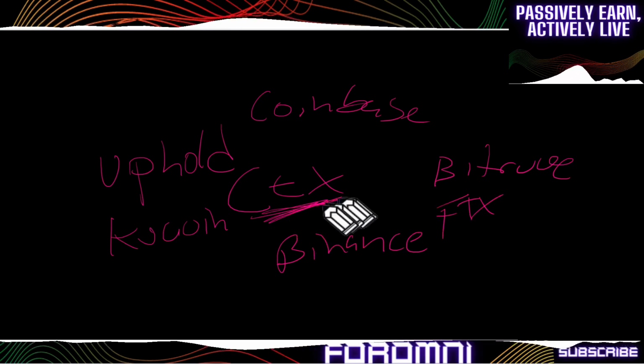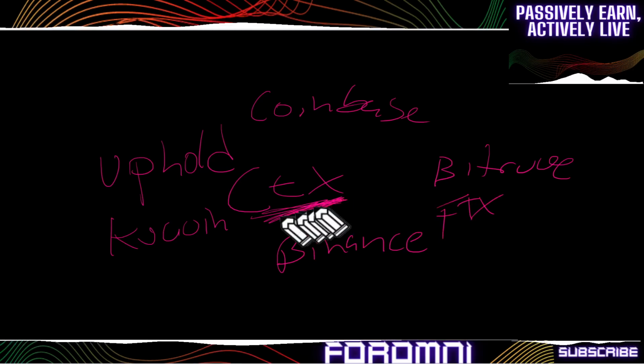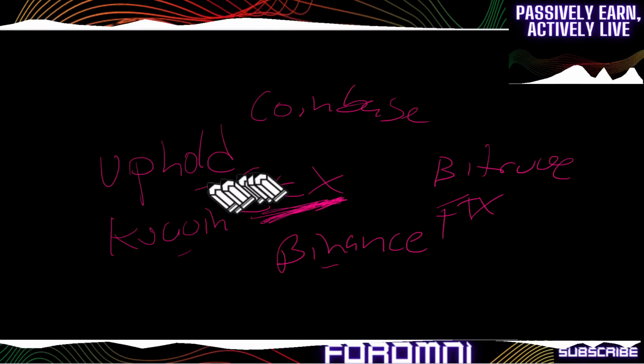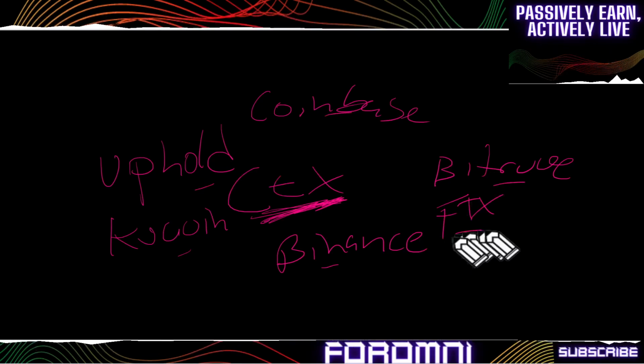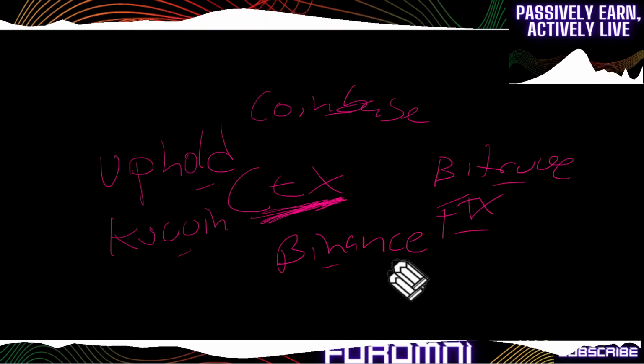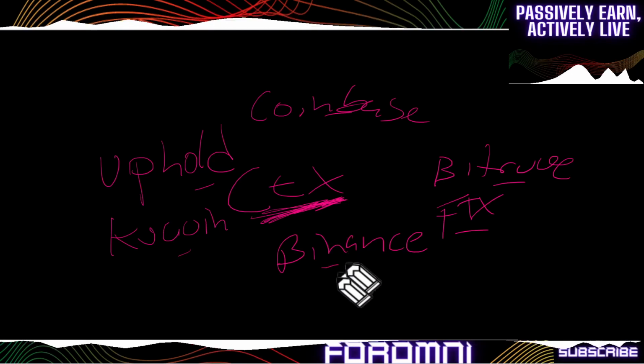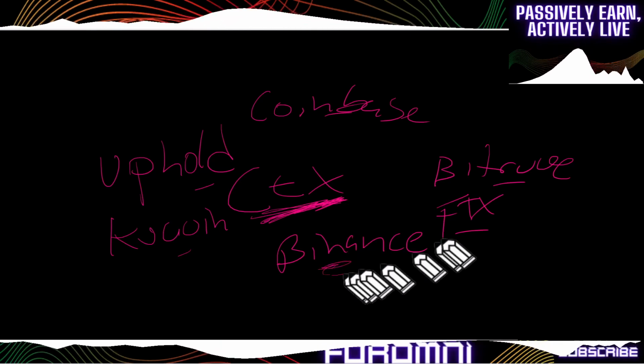So if you have an account at any one of these central exchanges, you can buy and sell a plethora of assets. So you can crypto arbitrage in just one of these exchanges if you want.